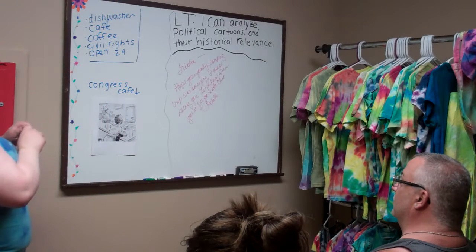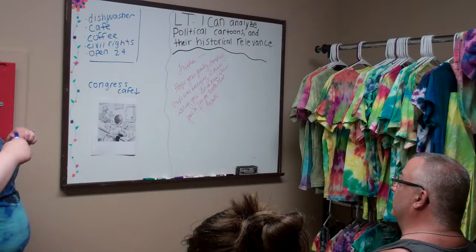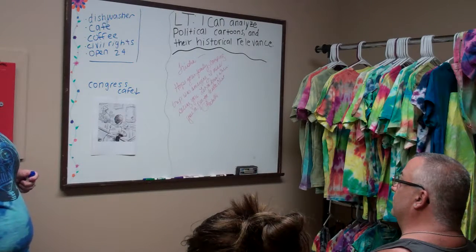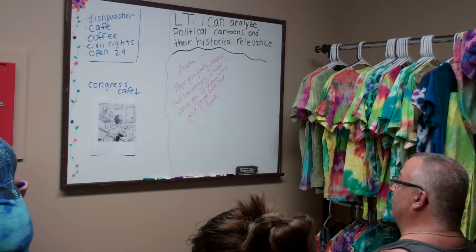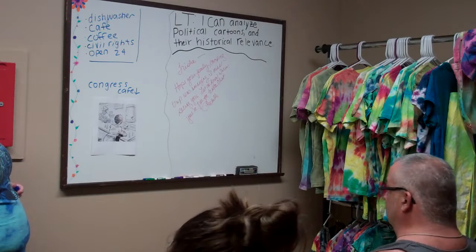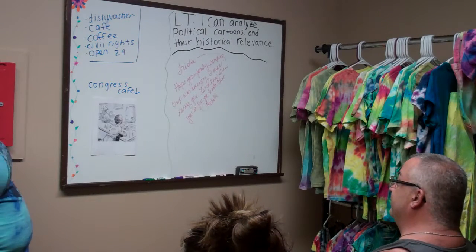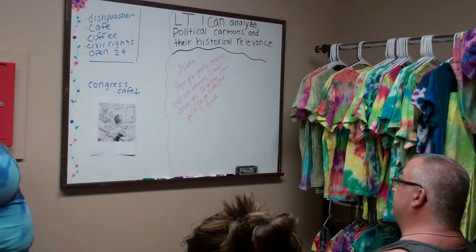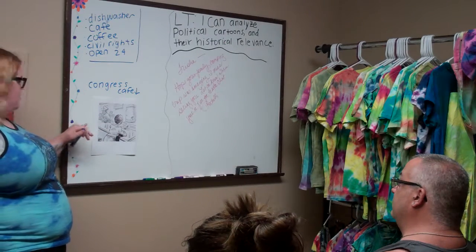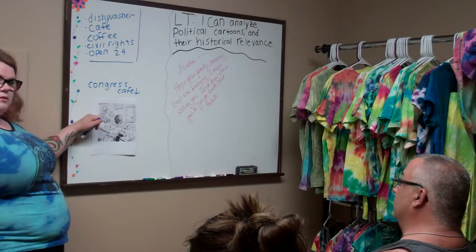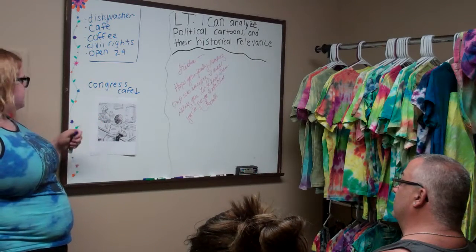So if this is the Congress Cafe, what do you think that represents? Stuff that laws that Congress is currently making. Okay, so if the cafe is Congress, who's this guy? Congressman. It's Congressman, okay.